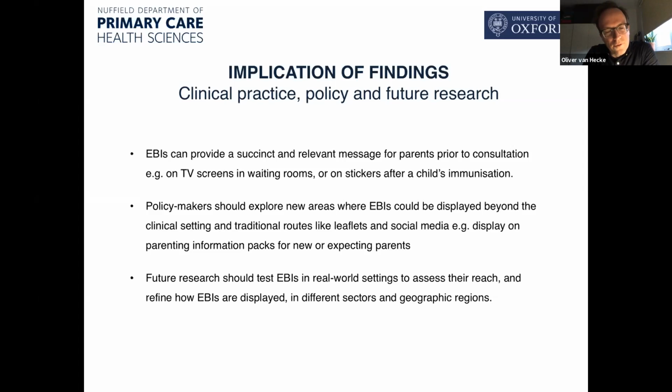And then the next step was to go to parents with this prototype infographic and say, what do you understand about it, what do you like about it, etc. And this was run through a focus group with parents of young children. And I agree with you that there was a lot of change. And it's funny, the message ultimately didn't really change, but there were small things that really put people off.